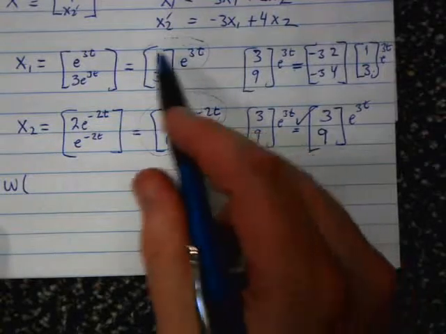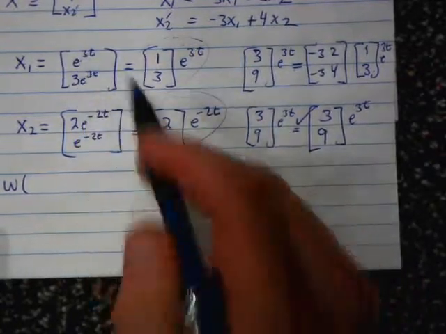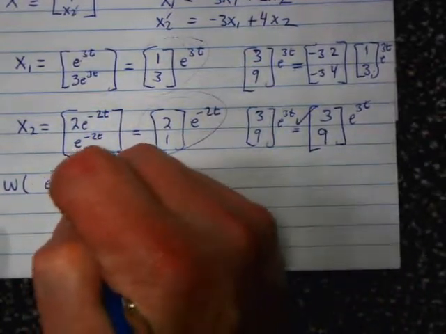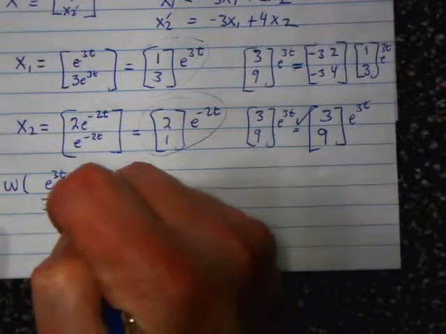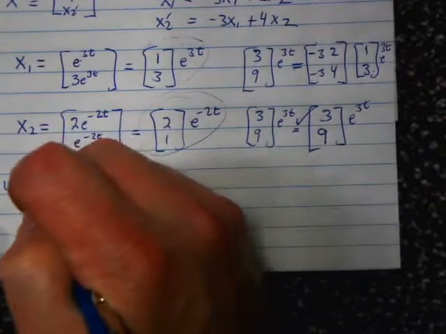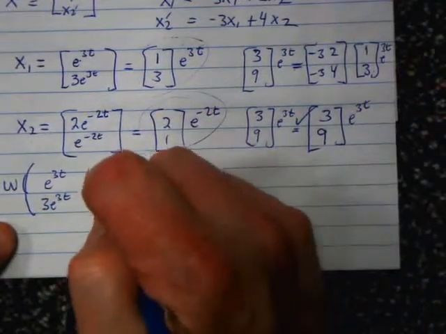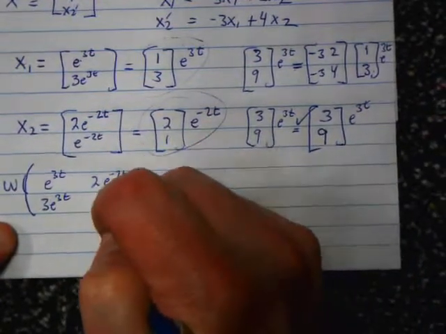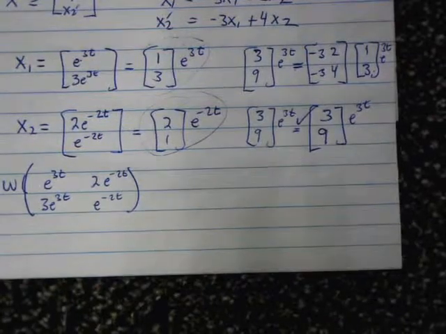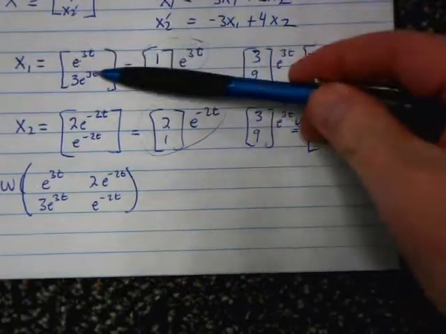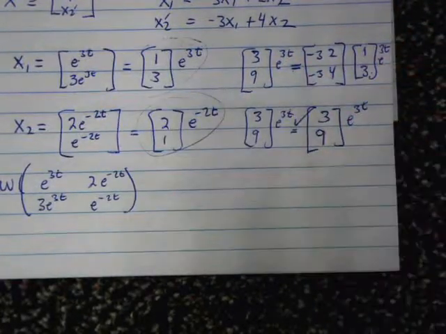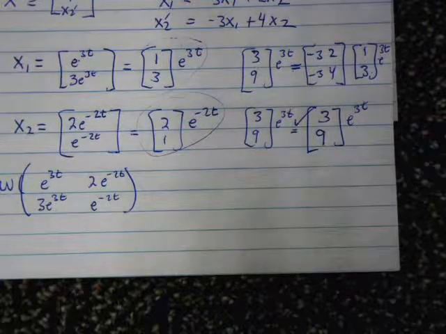So what we're going to do is take the first answer, and it's easier to write it in this form: e to the 3t, 3e to the 3t. And then we take the second solution, 2e to the negative 2t, e to the negative 2t, like so. So you just take each solution, put the first one there, put the second one there. And then what do you have to do with this Wronskian thing?